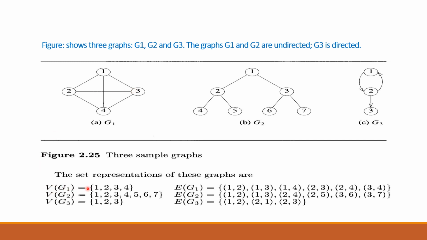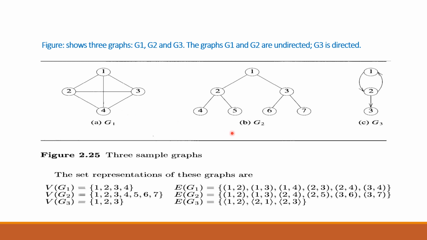So V of G1 is equal to how many vertices are there? 4: 1, 2, 3 and 4. Then how many edges are there? Here we said 1 to 2, 1 to 3, 1 to 4, then 2 to 3, then 2 to 4, then 3 to 4. So that is 6 different edges.